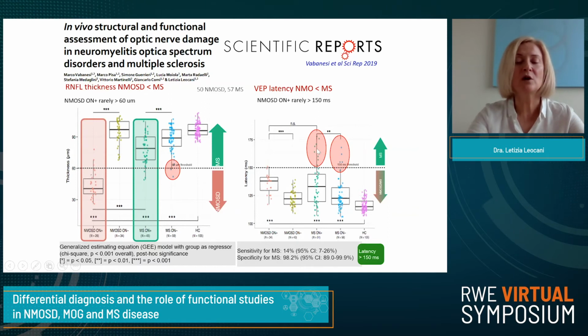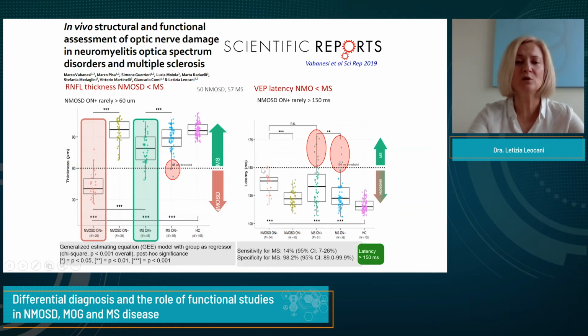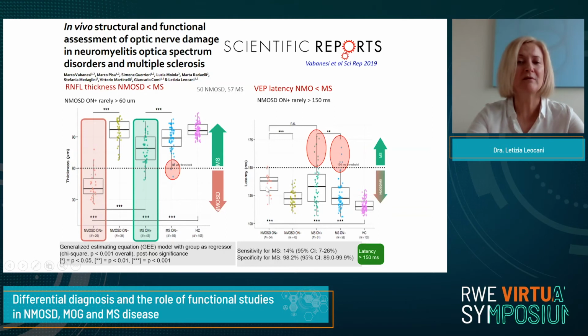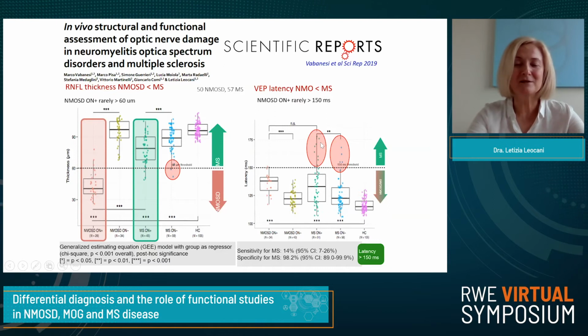But if we focus on eyes with optic neuritis, we have a cutoff of 150 milliseconds, which is almost never crossed by people with NMOSD and optic neuritis, while it is observed in a few percentage of cases in people with MS.